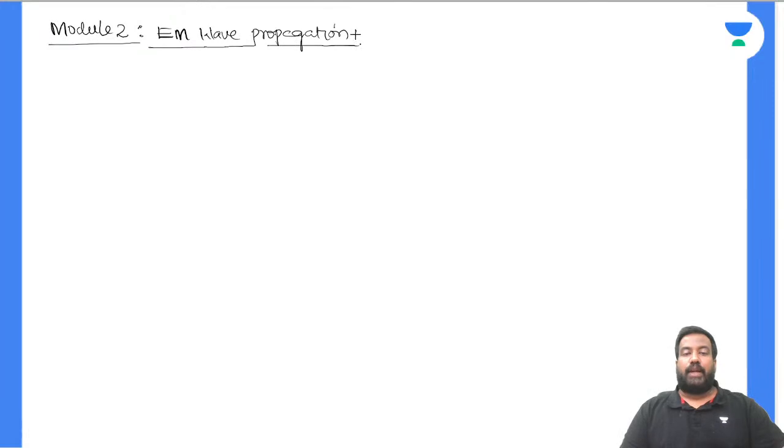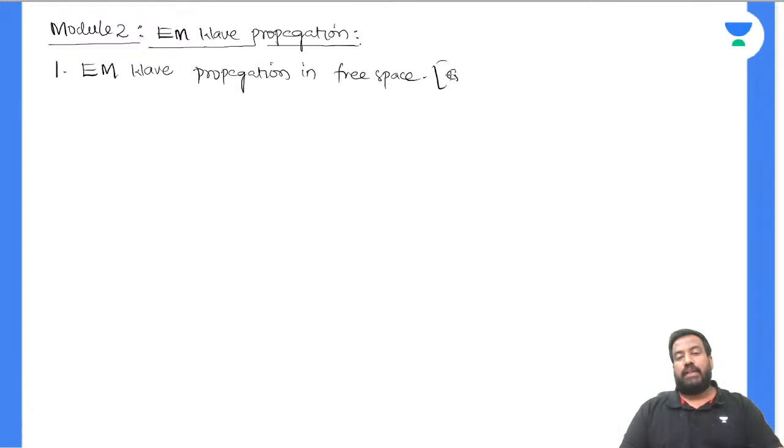In EM wave propagation, we have covered EM wave propagation in free space, where epsilon r is 1, mu r is 1, sigma is 0.